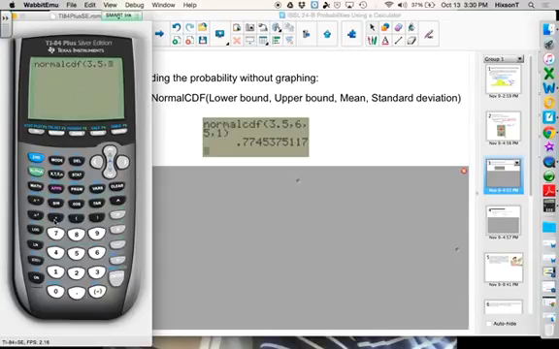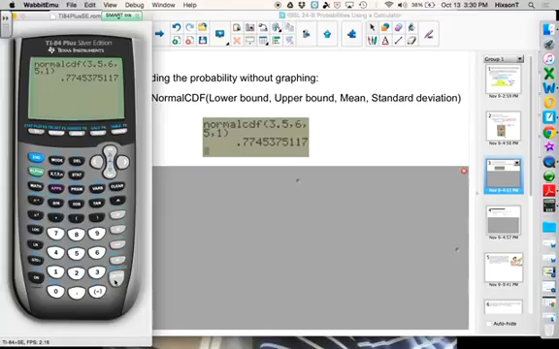Our upper bound is 6. The mean was 5, and the standard deviation was 1. Now when we put that in, it gives us the probability right away. So if you don't need to see the actual graph, then you can just use the normal CDF function.